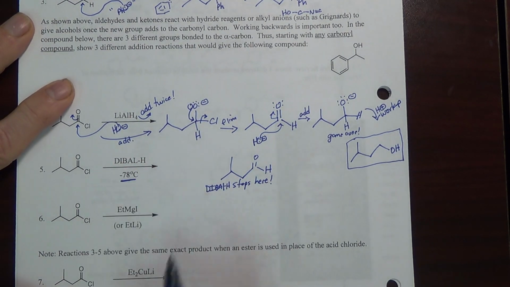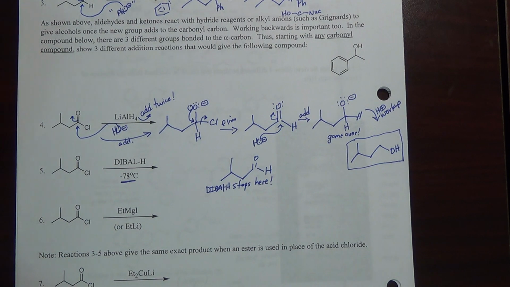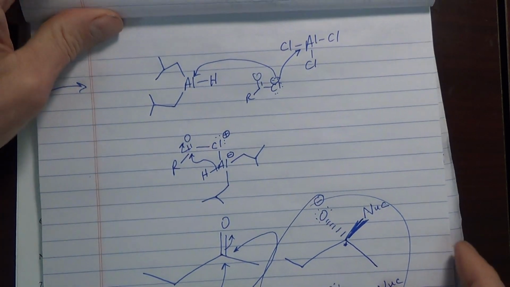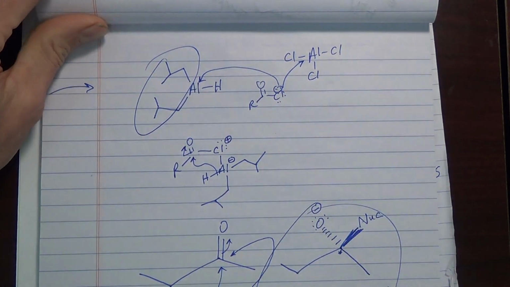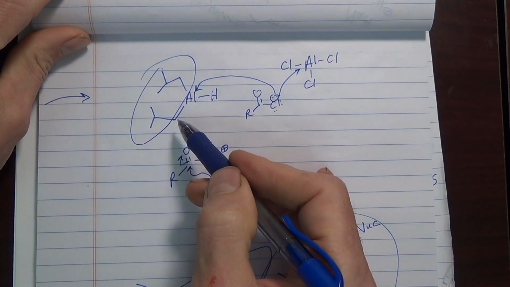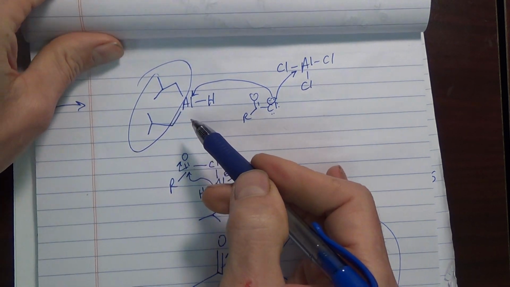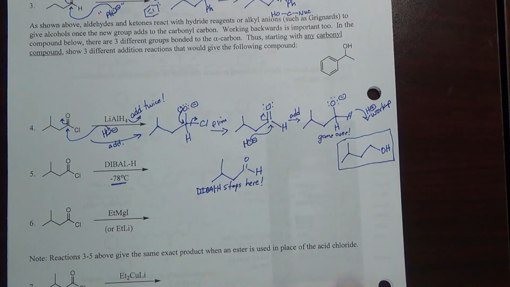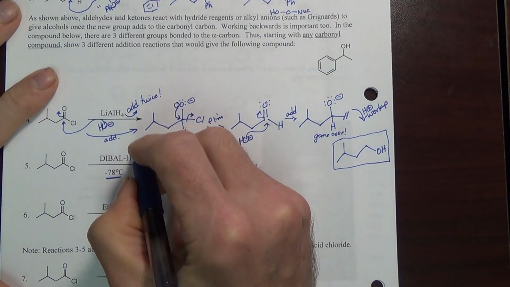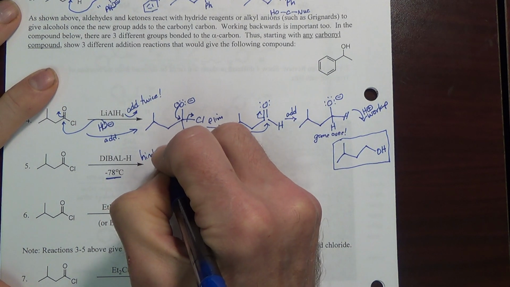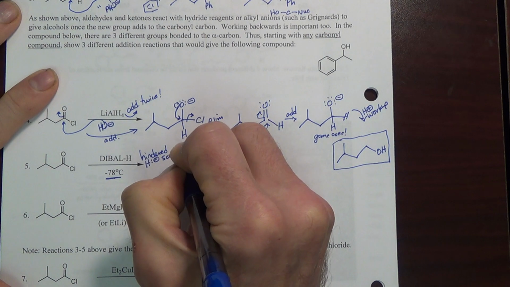First off, it's done cold. The second reason possibly is that the two isobutyl groups give the reagent some steric hindrance. Okay? Not going to go into that any further. All right, DIBAL-H is considered a hindered hydride source.